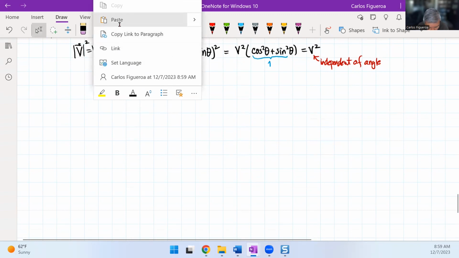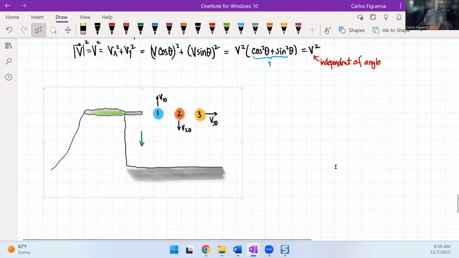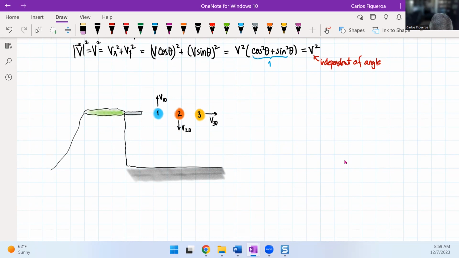So now, let's put this picture back into here. So here's what we do. I'm going to draw a bar diagram. You could see that each of these, if I set my ground equal to 0 here, they all start off at the same height.